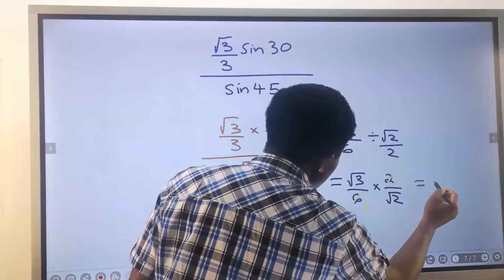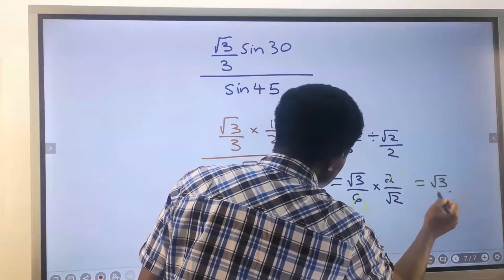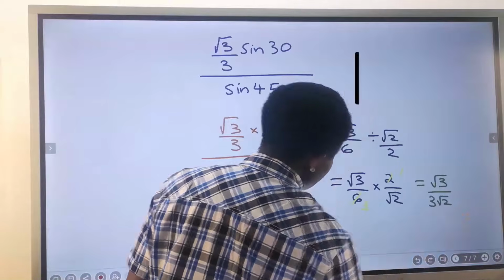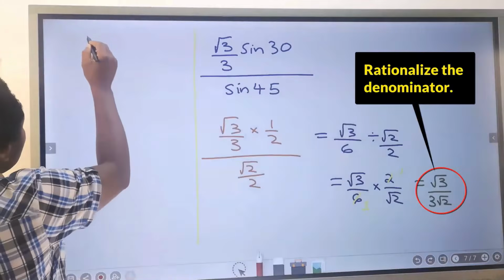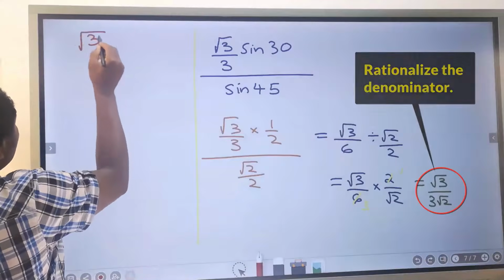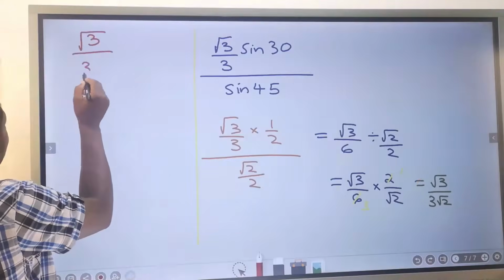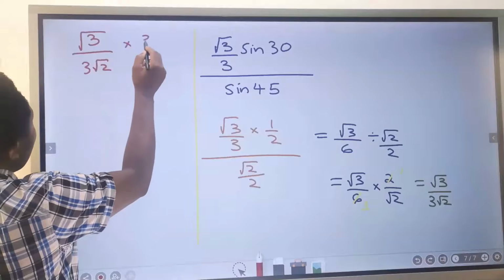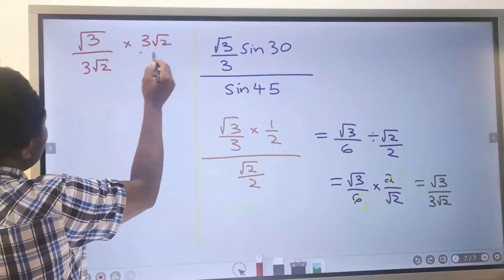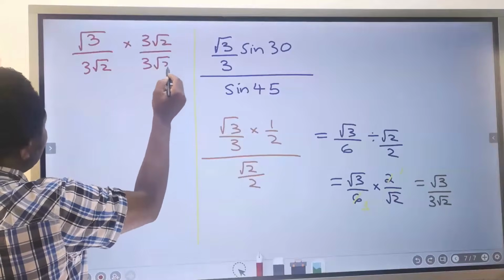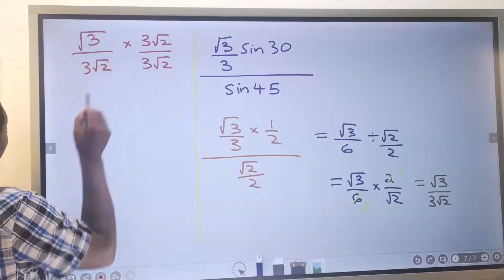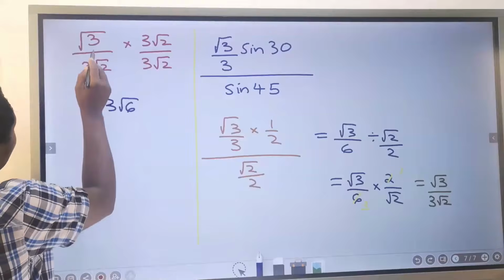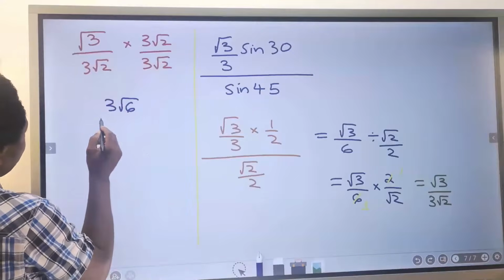Here, we now have the square root of 3 divided by 3 root 2. Next, we are going to rationalize to have 3 root 2 divided by 3 root 2. This will give us 3 multiplied by the square root of 3 times 2 is 6.